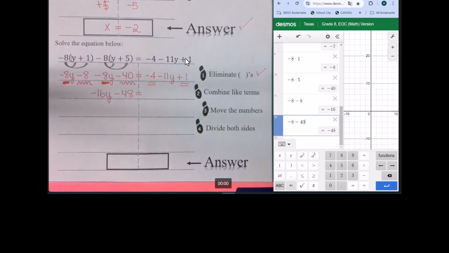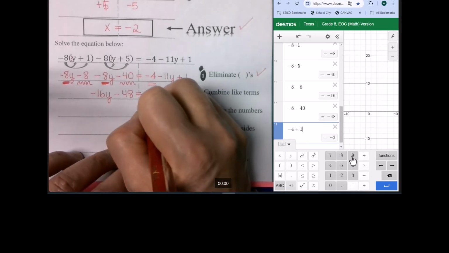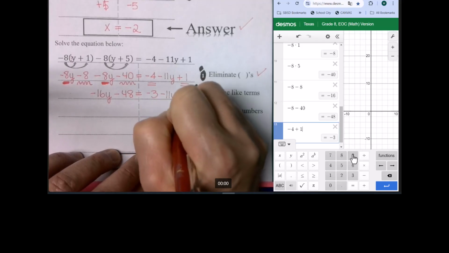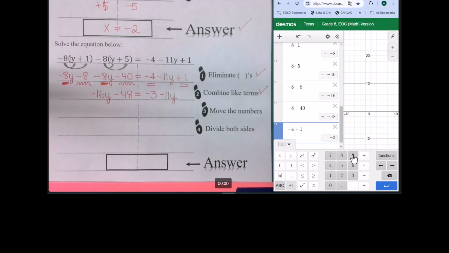On the other side, I have negative 4 plus 1. So let's go ahead and do that. Negative 4 plus 1 gives me negative 3. And now we bring down the negative 11y. Very good. We have finished combining like terms.